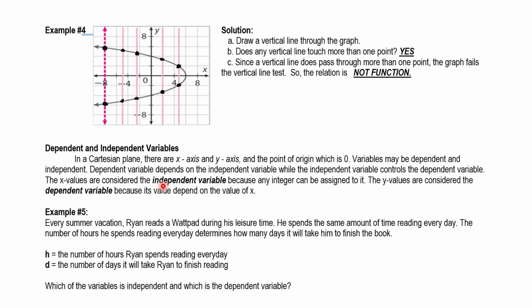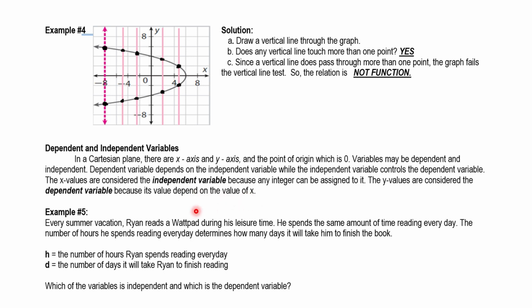Dependent variable, from the word dependent, depends on the independent variable, while the independent variable controls the dependent variable. So the x values are considered the independent variable because any integer can be assigned to it. The y values are considered the dependent variable because its value depends on the value of x.